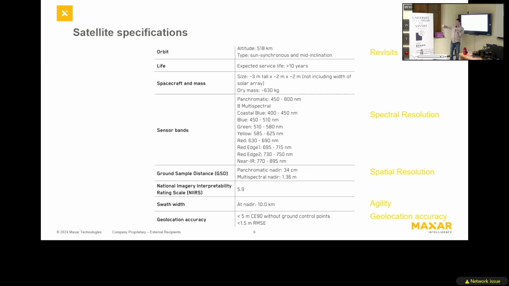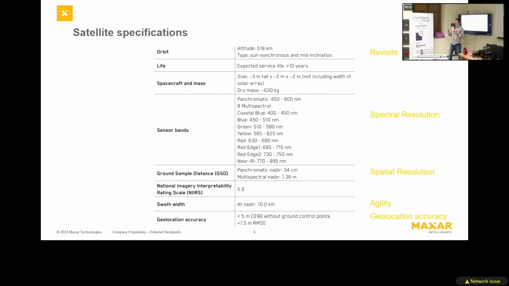With sun-synchronous, the satellite flies over the poles every, I think, 90 minutes or so. Mid-inclination means that they fly like this, so they don't go over the poles. Because of that, you get multiple revisits per day. So the type of orbit is really important.